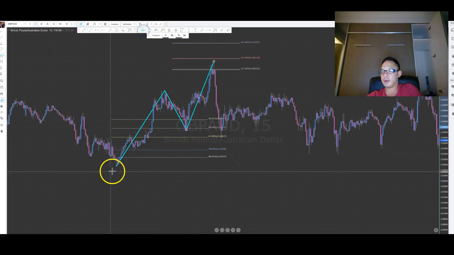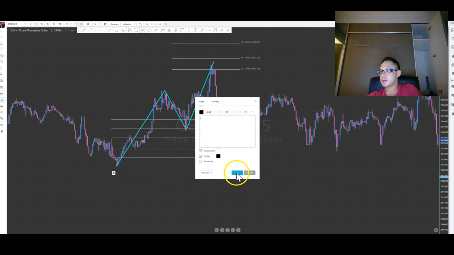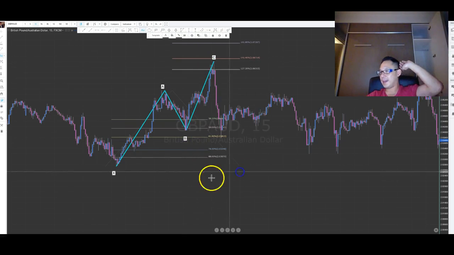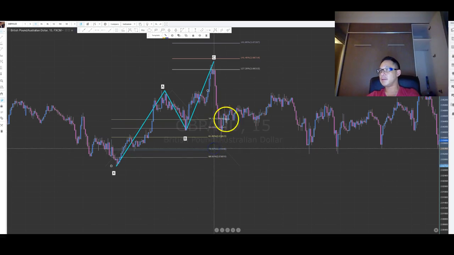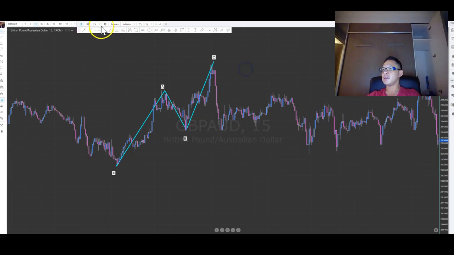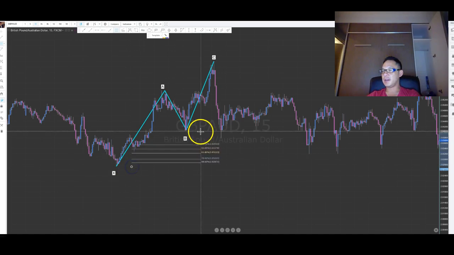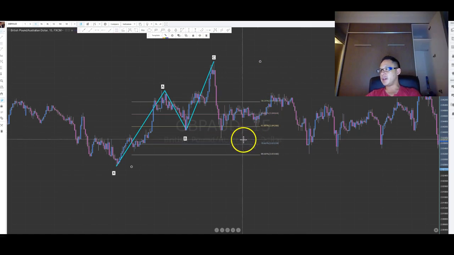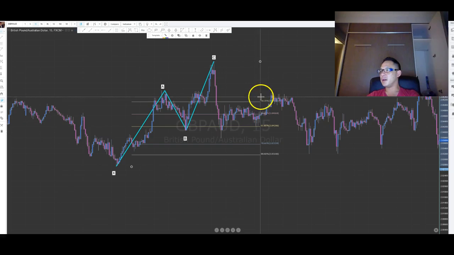So I'll just draw that now: X, A, B, and C. Now we're looking for the D leg. I'm just going to delete this. Your D leg is from your X leg all the way to your C leg. So you get a completion right there. In this case, it doesn't touch it, but remember, this can go on forever.